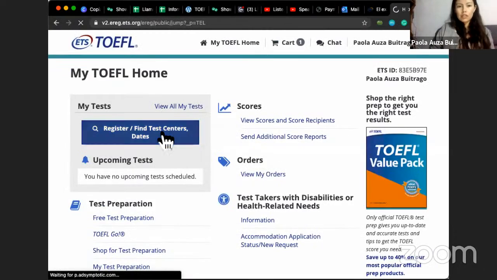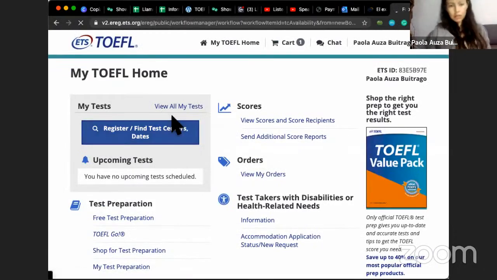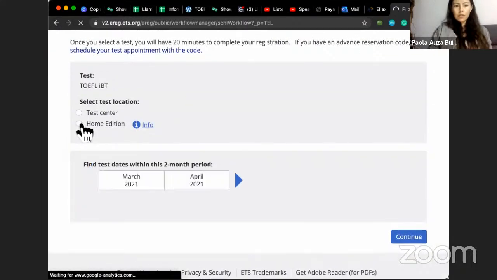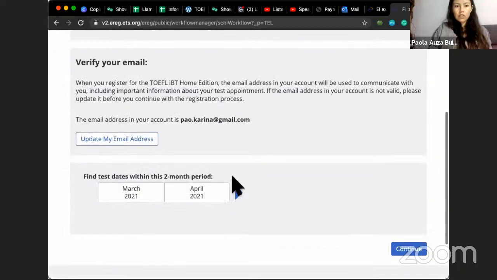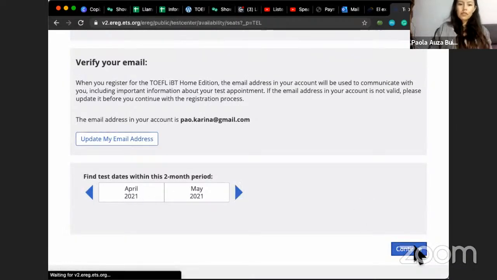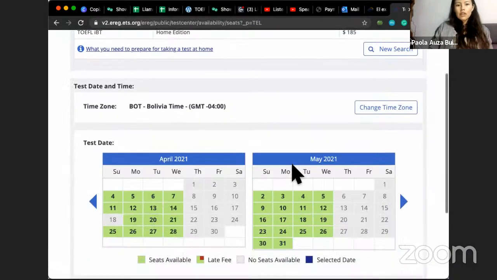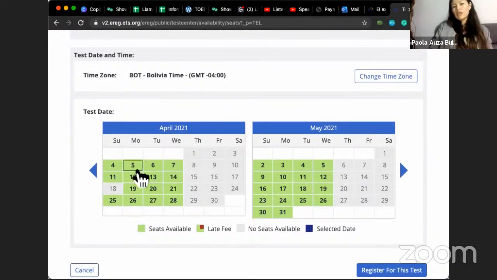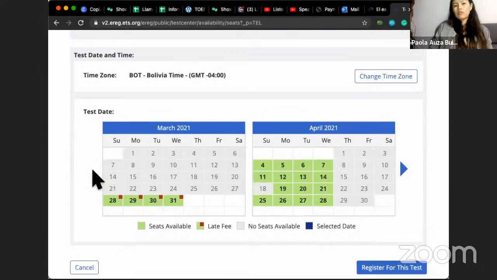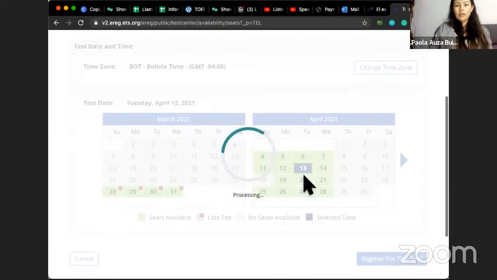Okay, entonces aquí les voy a mostrar eso simplemente, no vamos a ir por todos los pasos. We're going to go with Home Edition and we're going to choose a date in there. We go next, continue. And as you can see here, we have many options. We can choose any, even from this month. We can choose from April, as soon as April. Then we can choose a date, any date that is green.